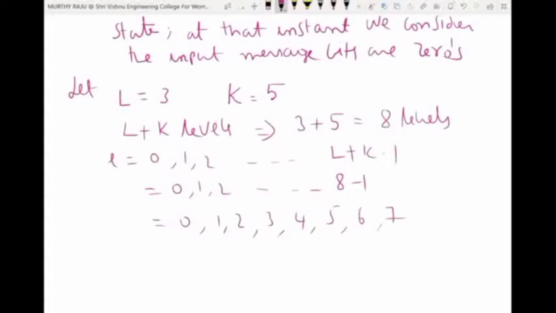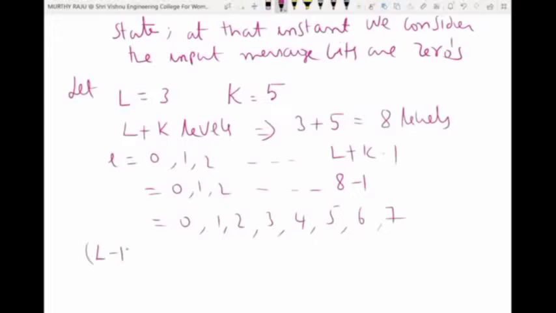One more important point indicated in this algorithm is that the first L minus 1 levels are for departure of the encoder from the initial state. L means constraint length.